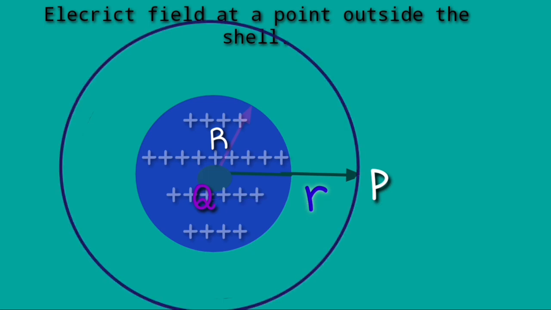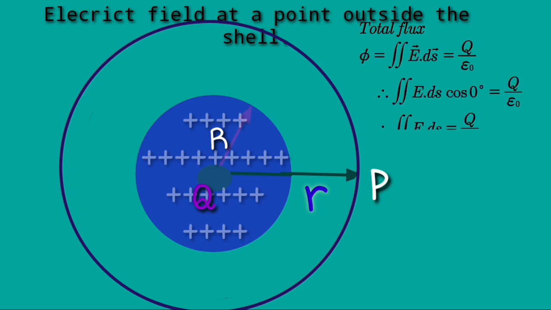The sphere is known as Gaussian sphere or Gaussian surface. Here the total charge enclosed by the Gaussian surface is Q. Therefore, from Gauss law, we can write total flux phi is equal to integration of E dot ds is equal to total charge by epsilon naught.